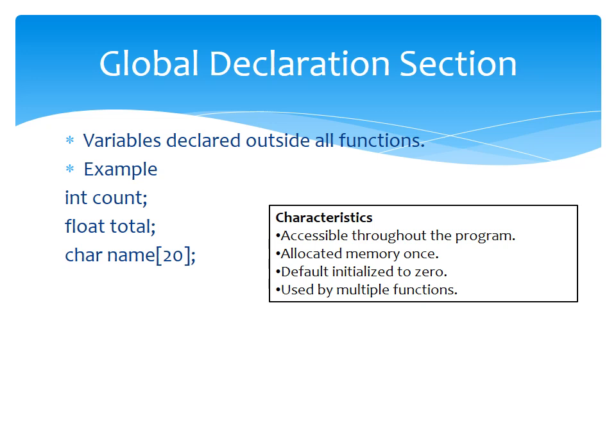And the global declaration section. As the term says, it's an outside declaration. When you declare inside a function, it can be used only by that function alone, so that's called a local. But when you declare outside the function, it can be used everywhere, that is, any function can call it, so that is called a global. For example, int count and float total or char name.